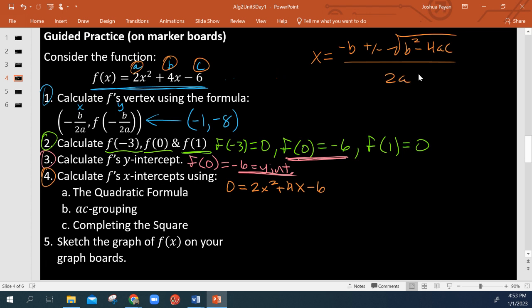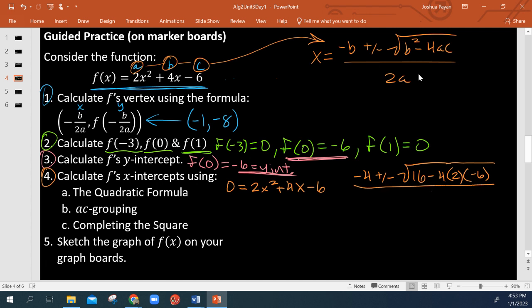So all we're going to do is plug those numbers in, a, b, c, into this formula here. Okay, so that's going to become negative b plus or minus the square root of b squared, so negative 4 squared would be 16, minus 4 times a times c, all over 2 times a.